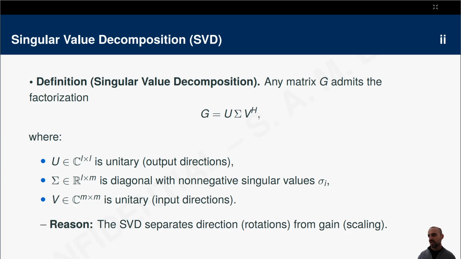And V is a complex M by M unitary matrix, the input directions. So the SVD separates directions or rotations from gain or scaling. That's why it's called decomposition.